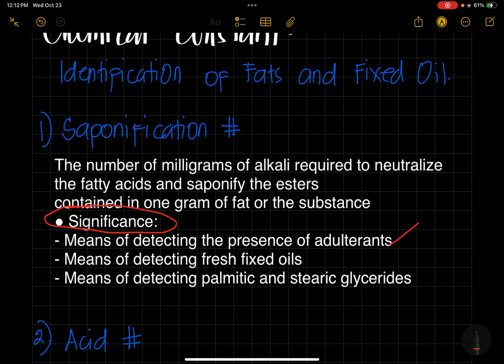What is adulterants? Class, when you're in a manufacturing setting, no, and you're working with a manufacturer. For example, you're making a medicine or a drug, no, and adulterants is bawal.